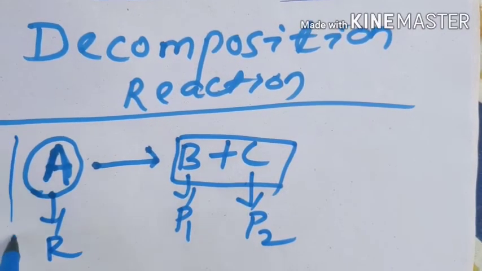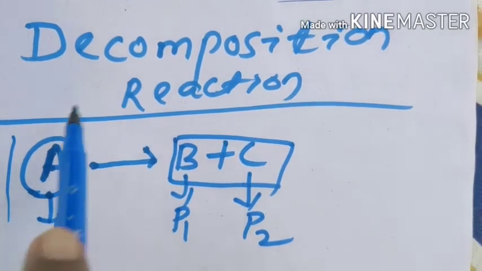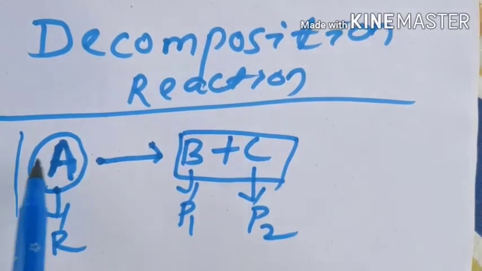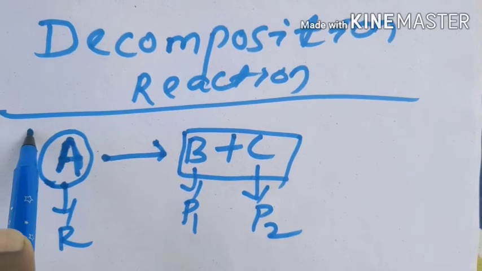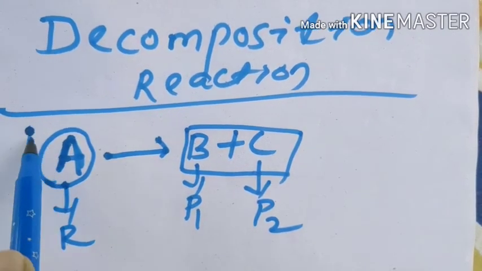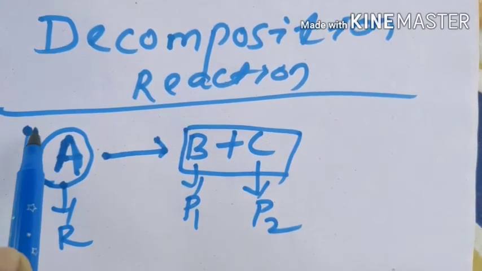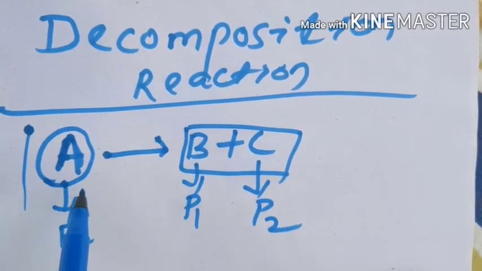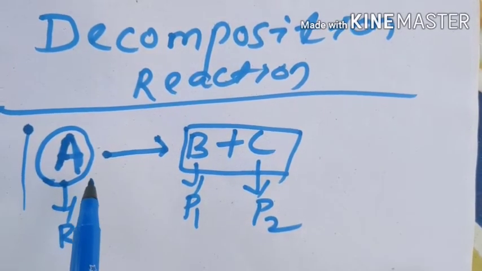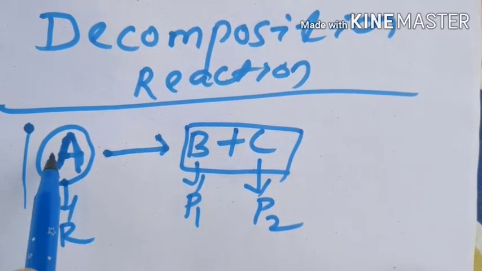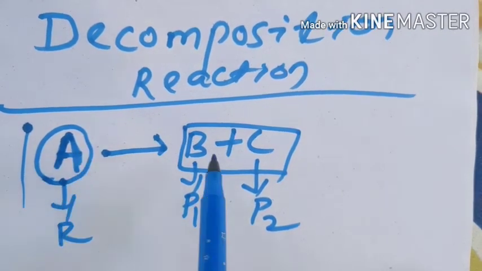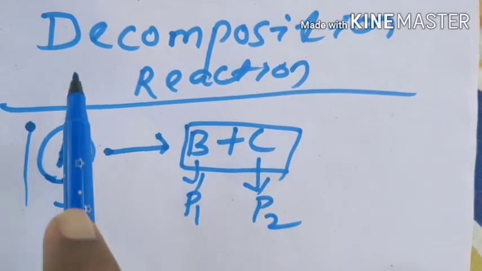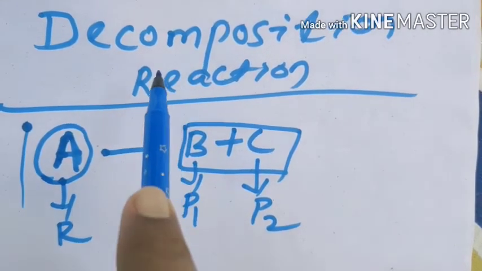So it is the total opposite of a combination reaction, because in combination reactions two or more reactants are involved to produce a single product, but in this process a single reactant breaks into two or more products. So it is called a decomposition reaction.